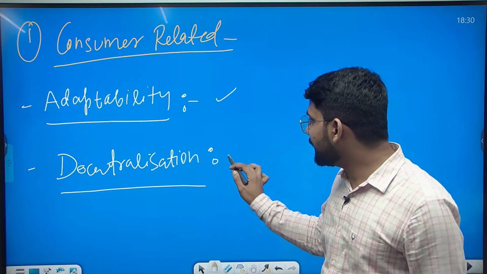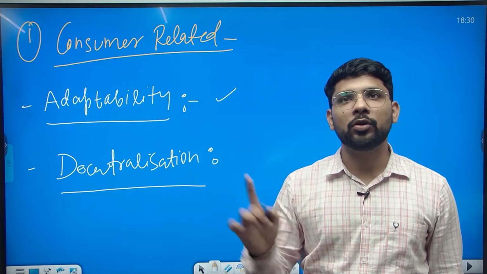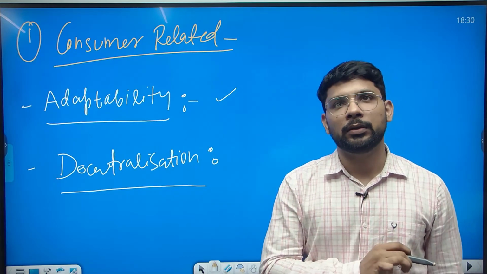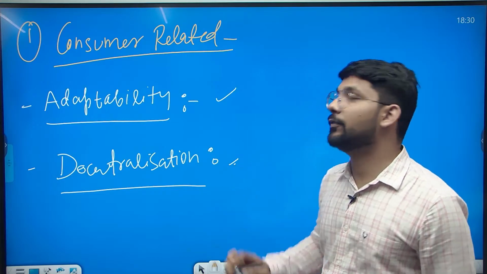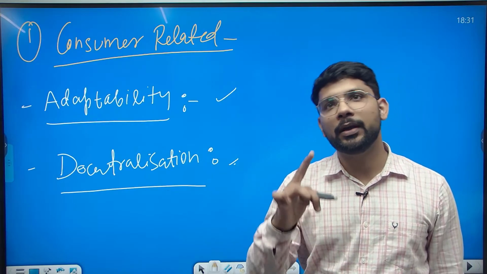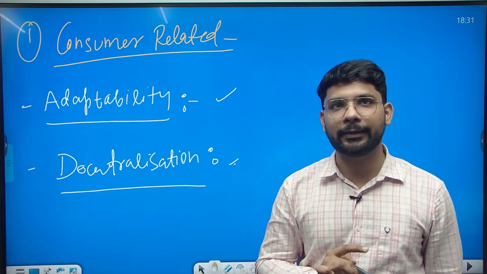So there is decentralization, not controlled from the government side, not given to a private party. Now you can directly install solar energy at your rooftop. So decentralization is another benefit related to the consumer in case of generation of electric energy from the sunlight.